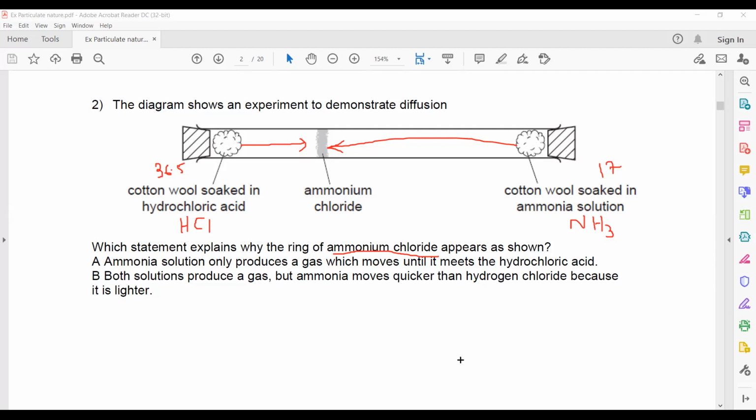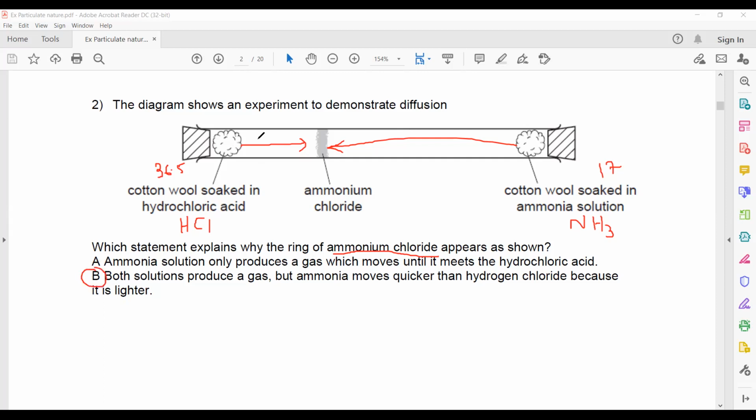I want everyone to participate. So the right answer is option B.